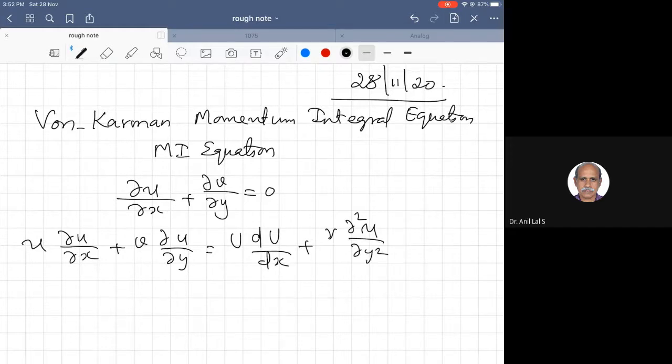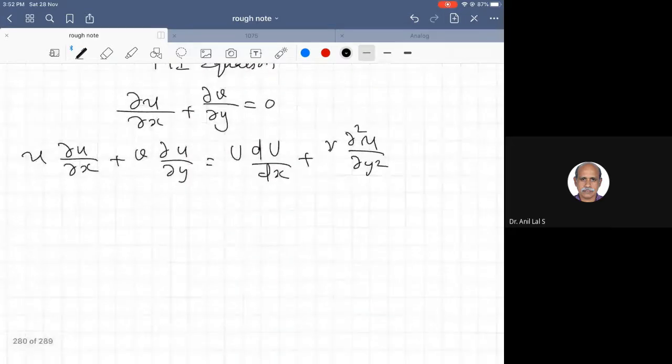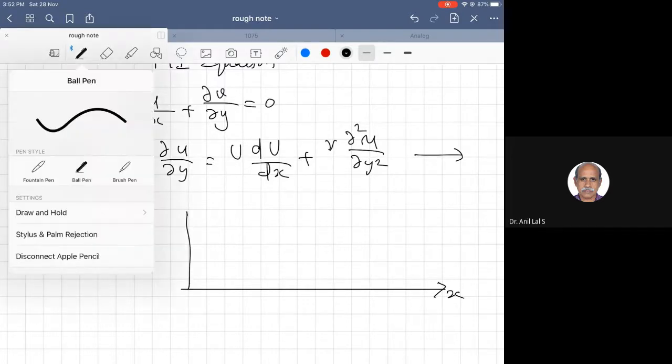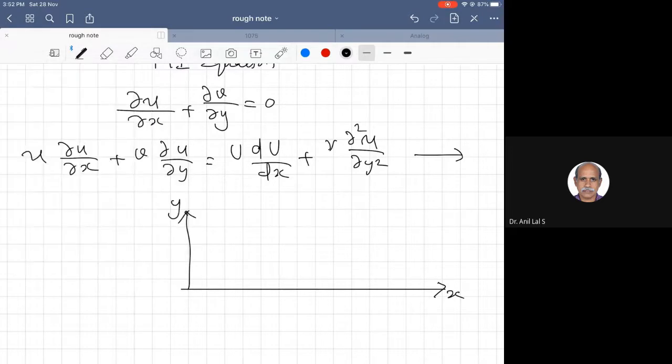Basically, what we do is integrate this equation over the height of the boundary layer. At a particular x, you choose a particular x. This is the distance along the body surface, and this is the distance normal to the body surface, denoted as y.